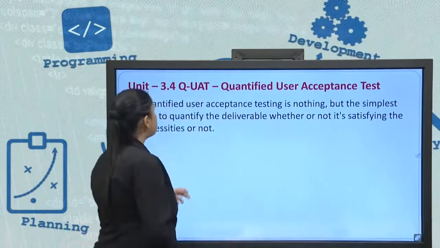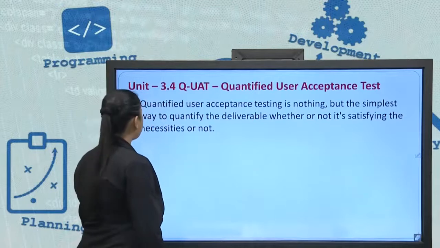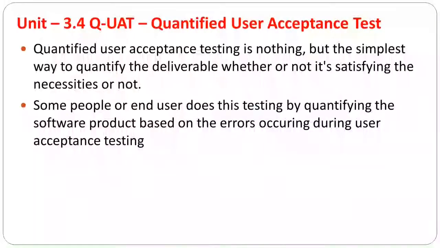So similar is quantified user acceptance testing. Secondly, some end users do this testing by quantifying the software product based on the errors occurring during user acceptance testing. They quantify the software product that they have delivered based on the errors occurring during user acceptance testing.